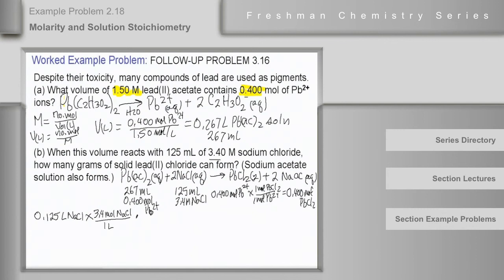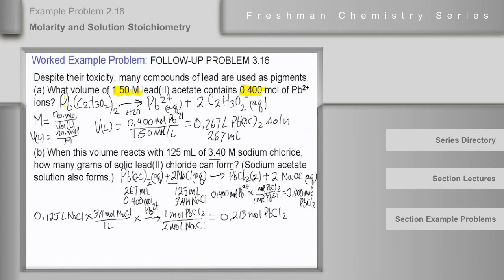Okay, and now we have the moles of sodium chloride, and now all we have to do is to recognize that we have 1 mole of PbCl2 per 2 moles of sodium chloride from the balanced equation. Okay, now if I carry out this arithmetic, I will find that we get 0.213 moles of PbCl2.